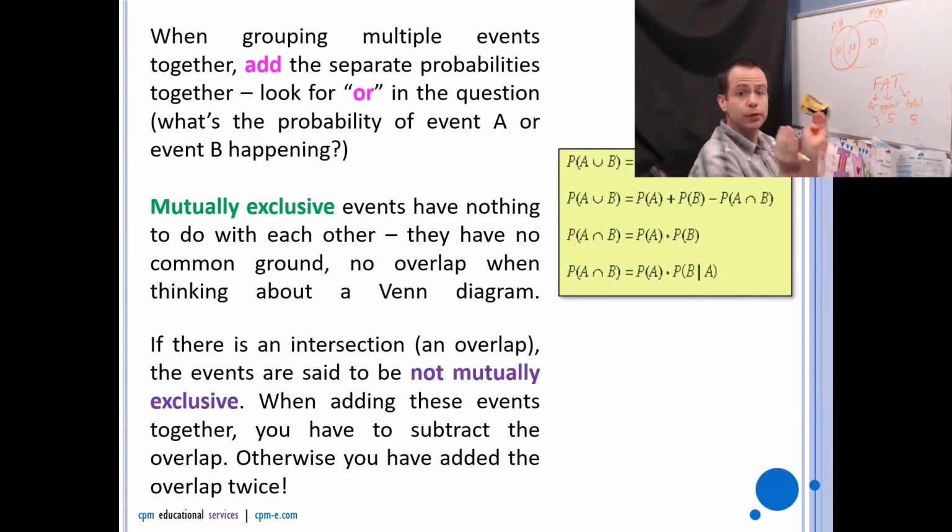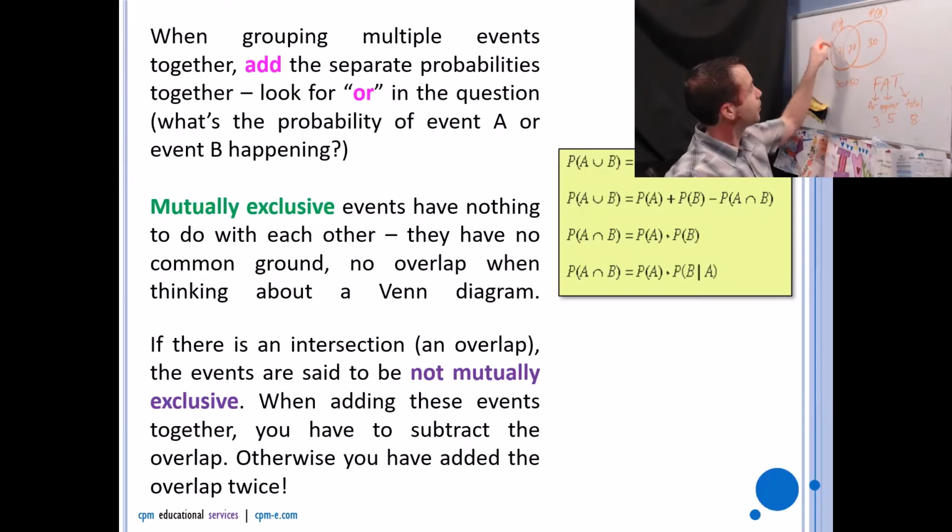Because the whole circle is A. So the probability of A is 30, and the probability of B is 50. Okay, but that's not the probability of A or B. 30 plus 50 is 80. If I added the probability of A or B, I should only be getting 10 plus 20 plus 30, that I should only be getting 60.